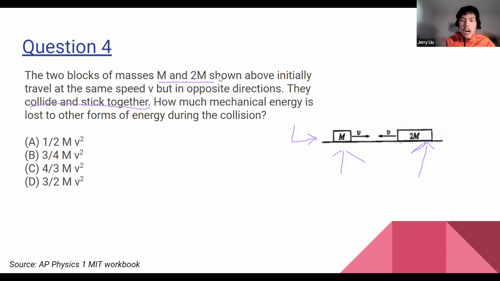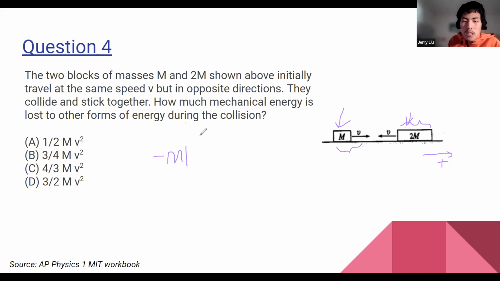Yeah, so you can simply do this by comparing the momentum of the two objects. The momentum of this object would be 2mv, the momentum of this object would be mv. So let's define right as the positive direction. The momentum of this object becomes mv, and the momentum of this object becomes negative 2mv because it's moving left. So the initial momentum of these two objects together is mv minus 2mv, which is negative mv, since right is positive and this is moving left.